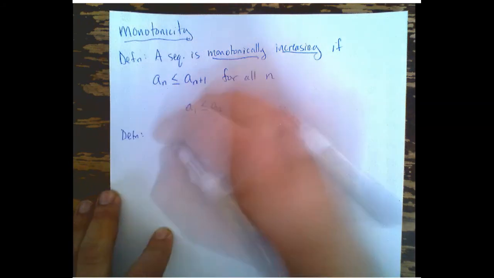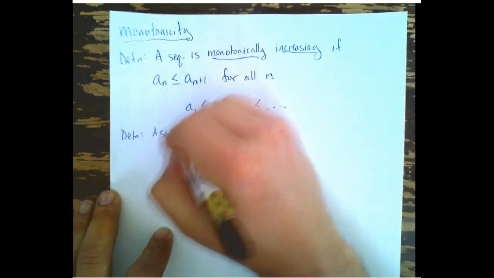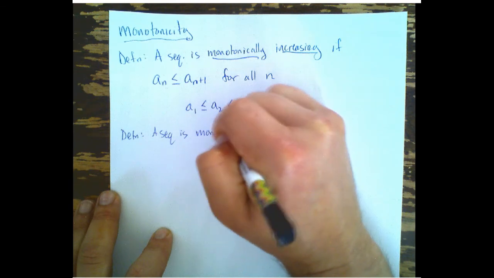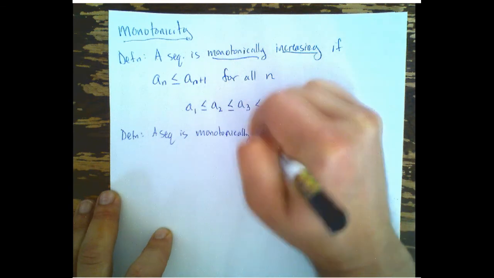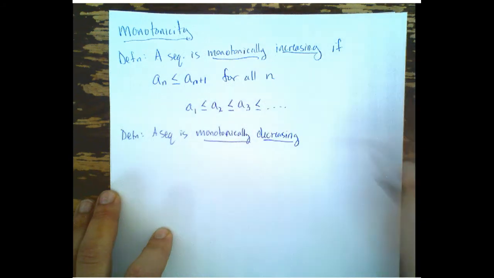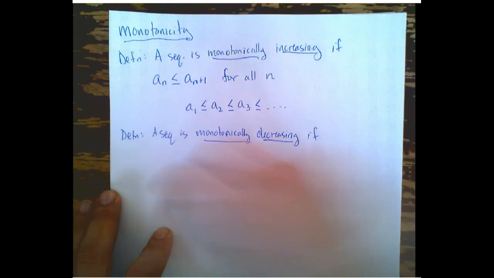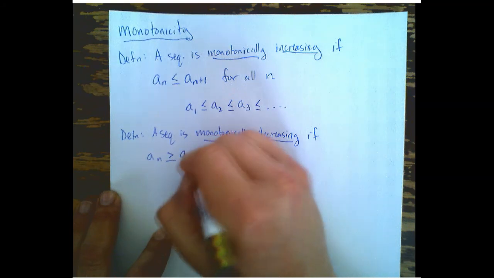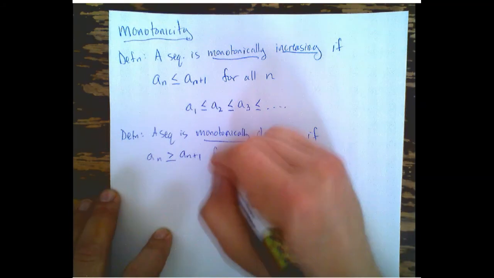We say it's monotonic decreasing if a_n is greater than or equal to a_(n+1), okay, for all n.